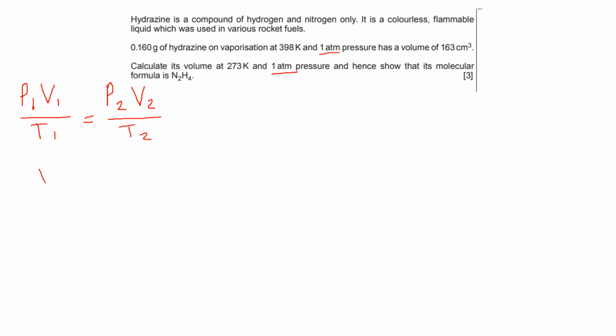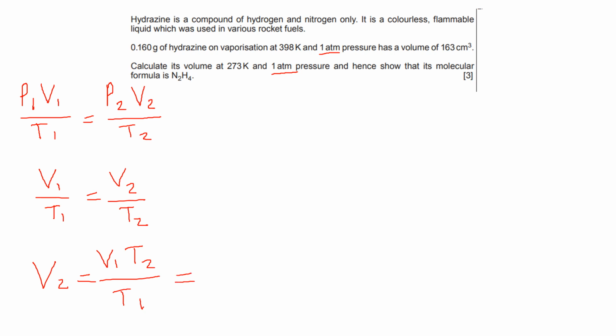So we can say that V1 over T1 equals V2 over T2. So what we're going to try and calculate is V2, same as we did on the previous bits. We can say that V2 equals V1 times T2 over T1.